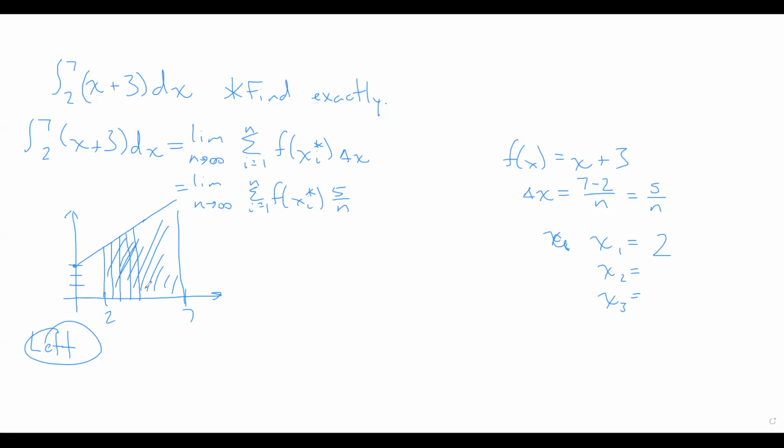The next rectangle is going to have its left endpoint, or another way to ask that is, how far over am I moving from 2? Not 1, not n. 5 over n, right? That's the whole beauty of delta x. The delta x tells me how far apart each one of my sample points is. So what is x sub 2?